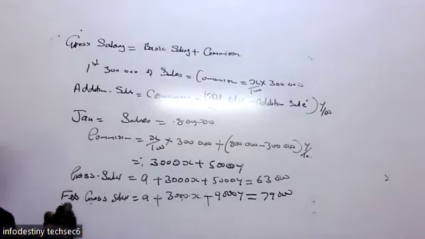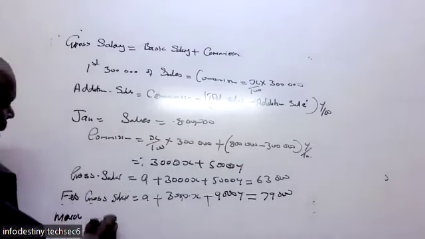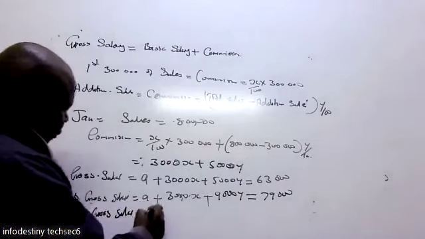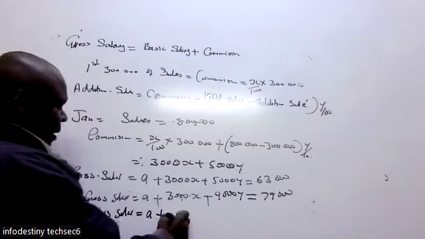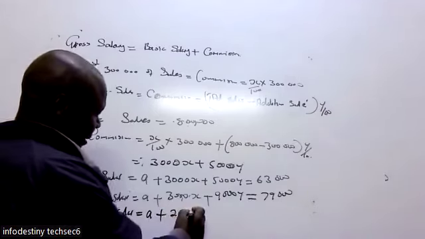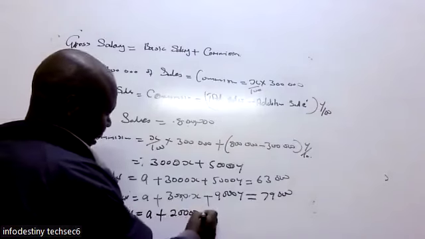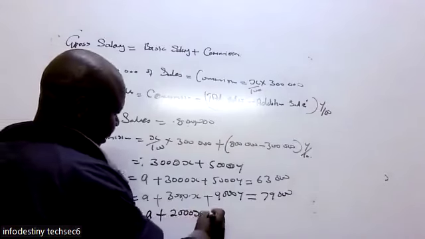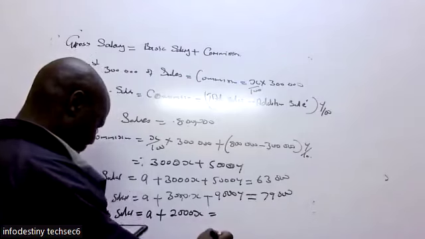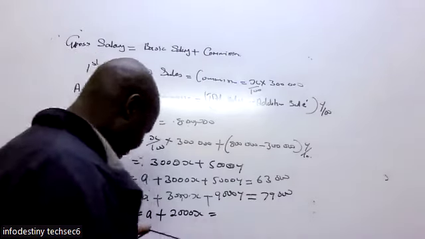For March, the gross salary will be equal to A plus 3,000x equals to what? 37.